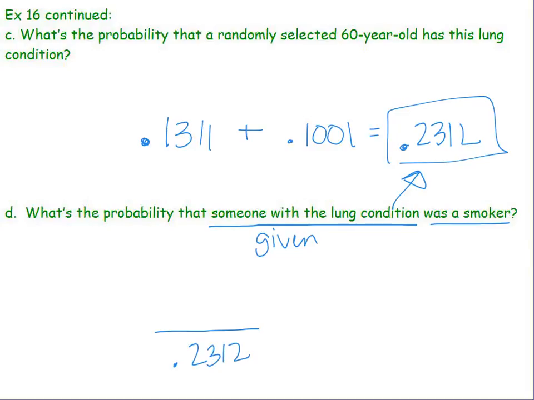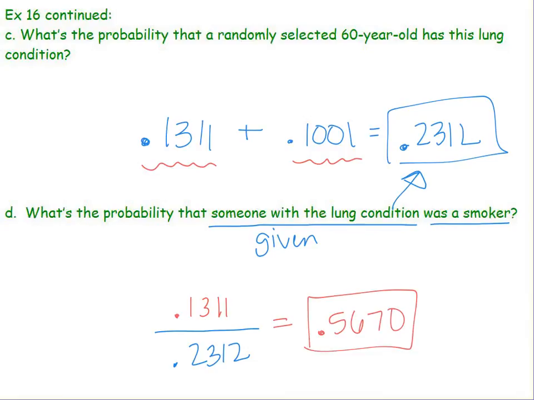Now, out of that amount, which one was the smokers? So we had this total and this total. The first one was the smoker total. The second one was the non-smoker total. So we want the smoker total, which is 0.1311. And so if you take 0.1311, you divide by 0.2312, you get 0.5670. And that's the end of that question.